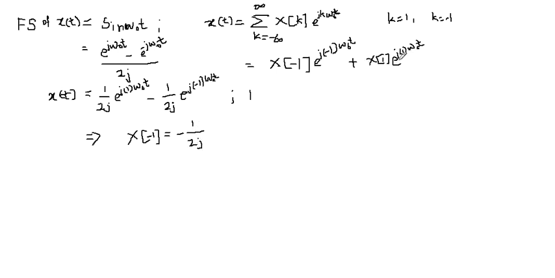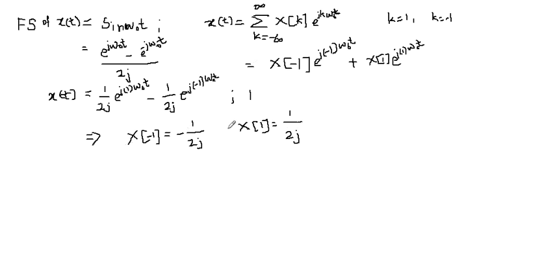And the value of x of 1 is just plus 1 by 2j. We can write this one first and this one later also.